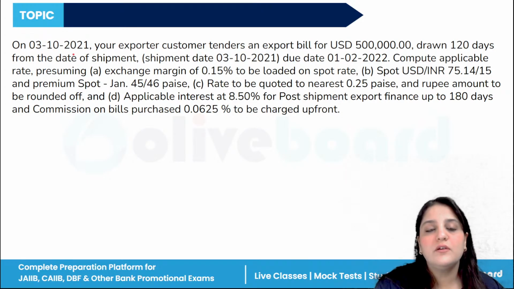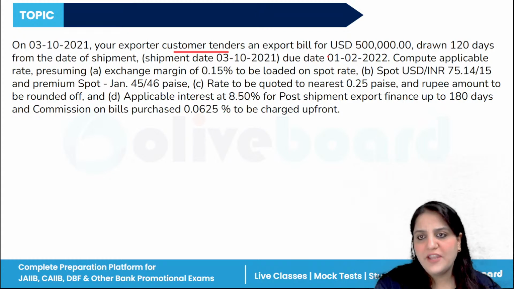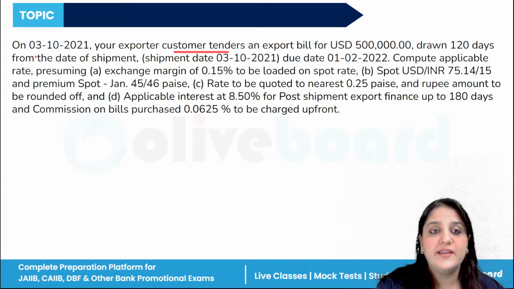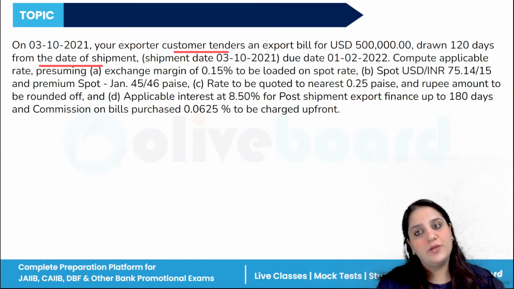On 3rd of October, your exporter customer tenders an export bill for US dollar 5 lakh, drawn 120 days from the date of shipment. Date of shipment is given, due date is given.